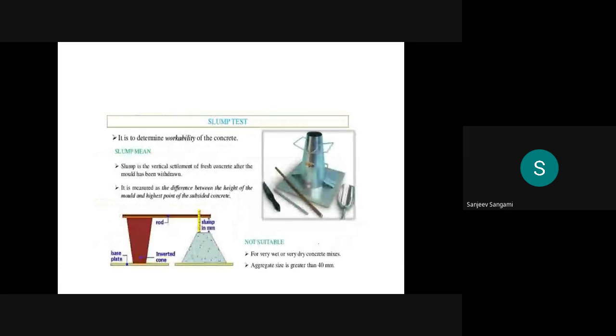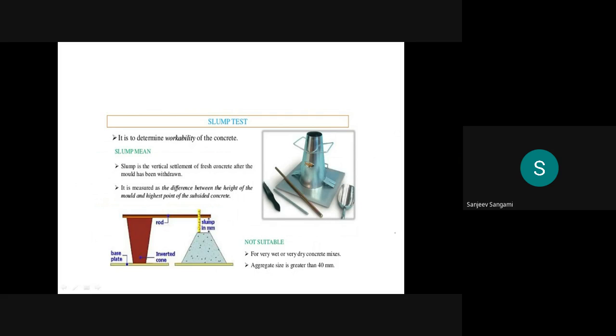So this is the slump test. You already know this. We will try to skip this because the repetition will be there. It is the vertical settlement of the fresh concrete after the mold has been withdrawn. First you fill it, then withdraw it, and measure the slump.